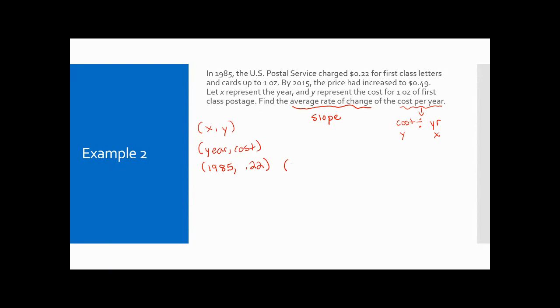Then they give us another year, 2015, and that is 49 cents. So I have two ordered pairs here, and I'm going to label them with x1, y1, x2, y2, first point, second point. So this is x1 and y1 for the first ordered pair, and then x2, y2 for the second ordered pair.